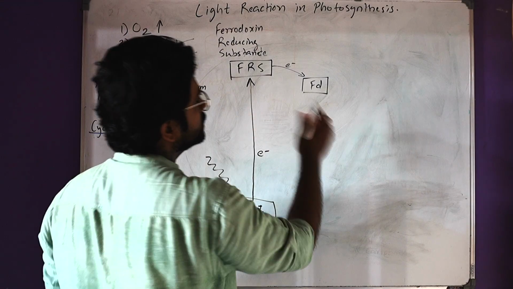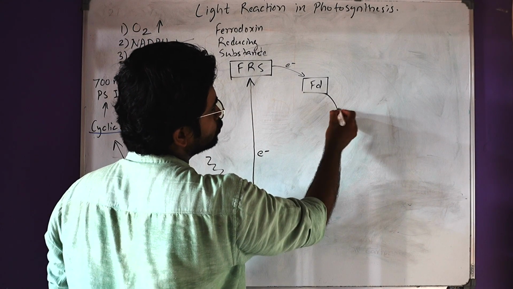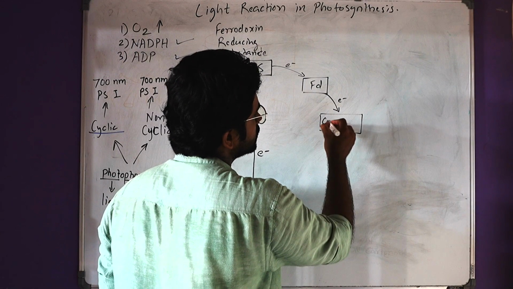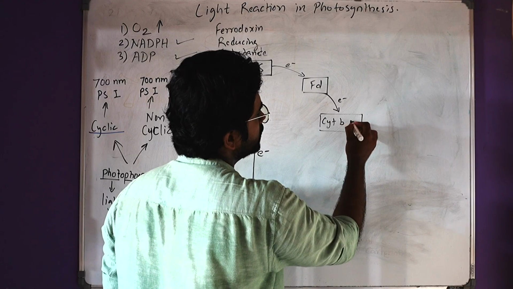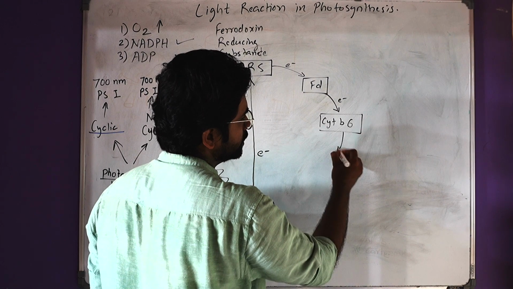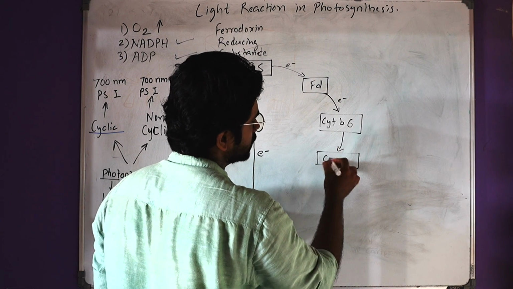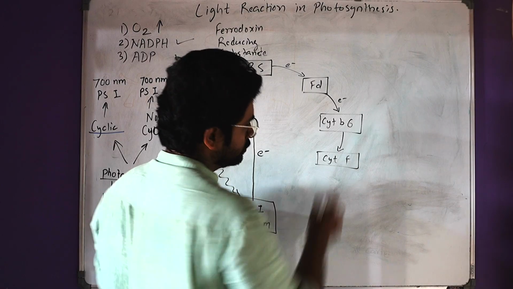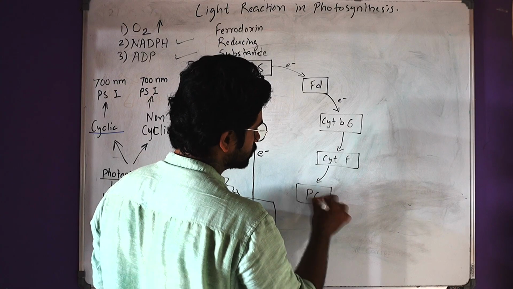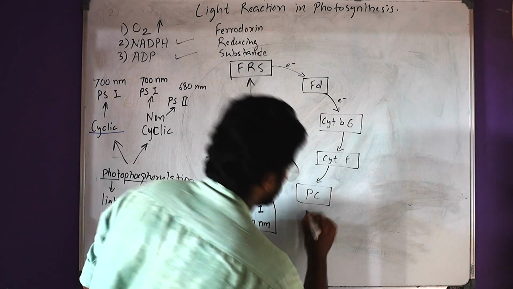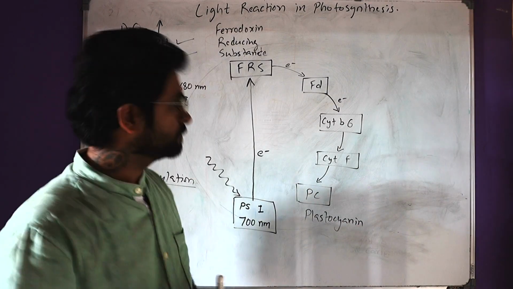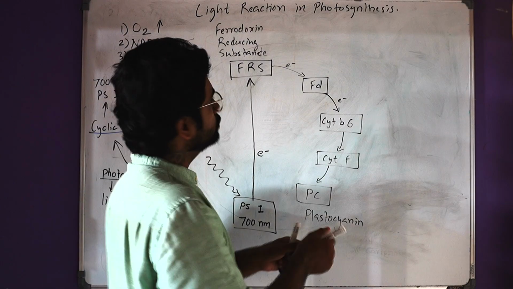After that, ferredoxin will also pass on the electron to the next protein, known as cytochrome B6. From cytochrome B6, it will travel to cytochrome F. From cytochrome F, it will travel to plastocyanin. Now pay attention to this.